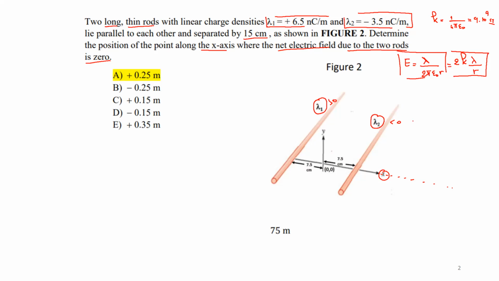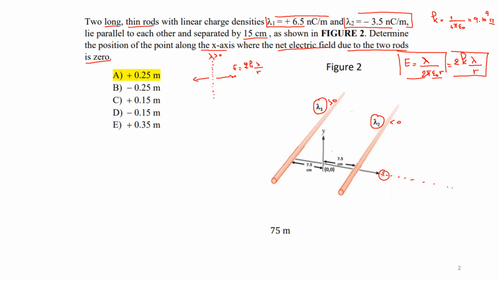Now, if I have a charged rod with linear charge density lambda 1 positive, the field is pointing radially outward, and at a distance r the electric field is 2K lambda divided by r, or lambda divided by 2 pi epsilon naught r.